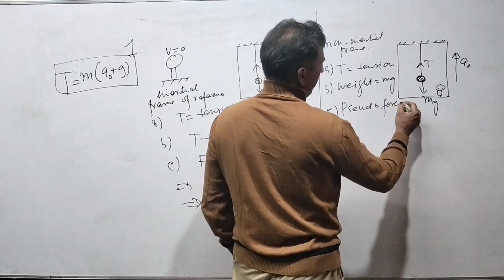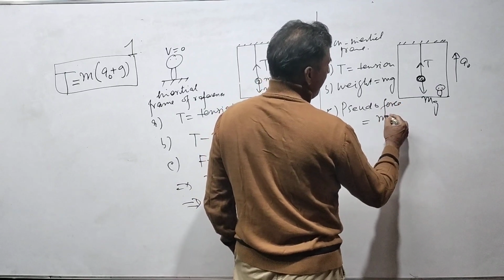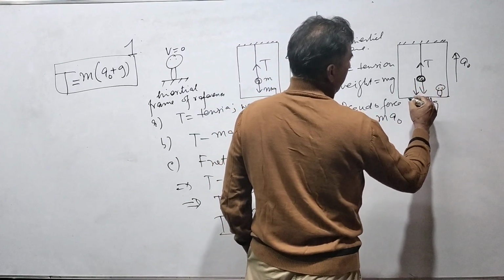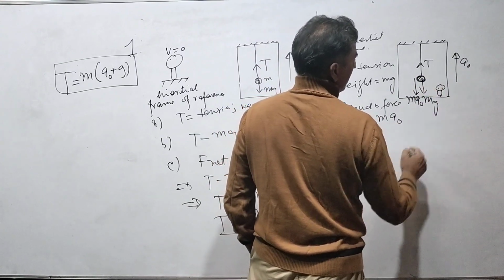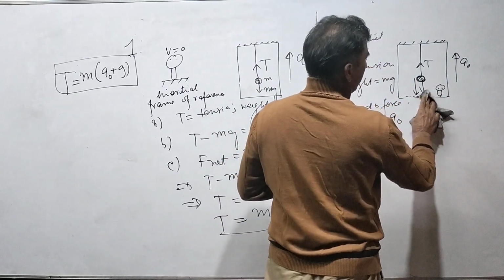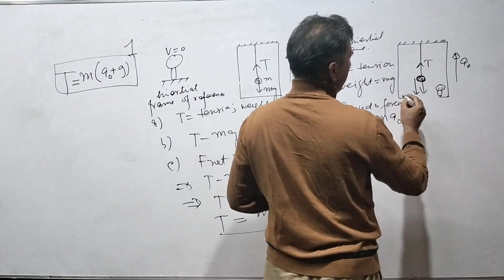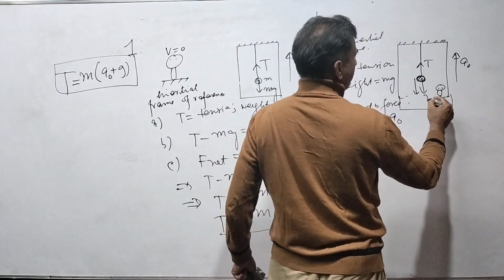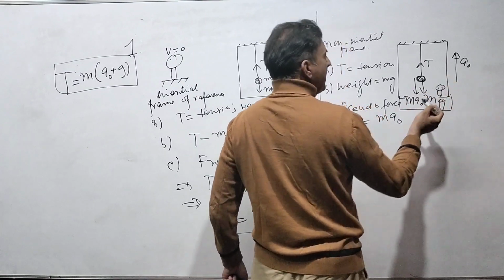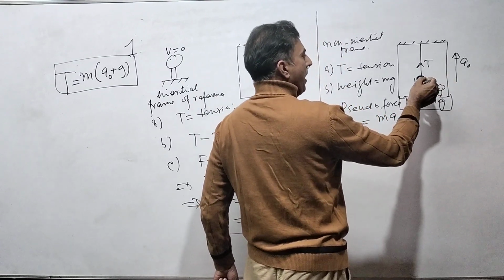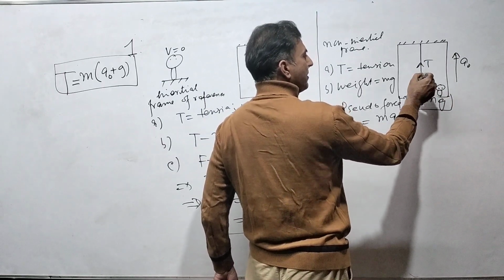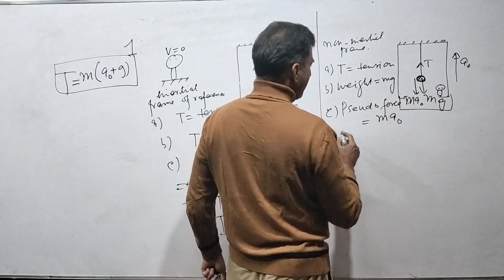Pseudo force is equal to m a0, directed downwards, because he will experience a force on the bob opposite to his own acceleration. He is accelerating upwards and he will feel the force on this bob downwards, m a0.